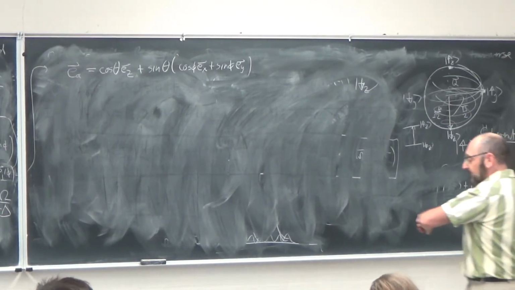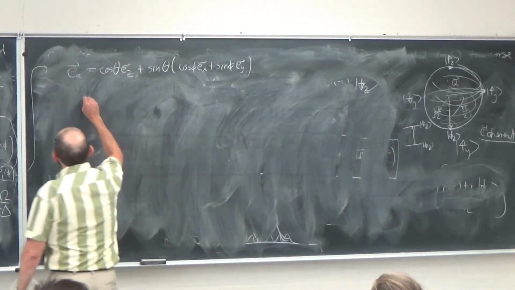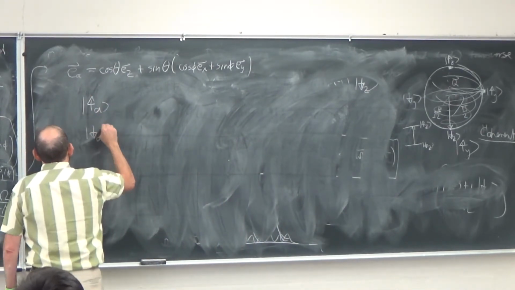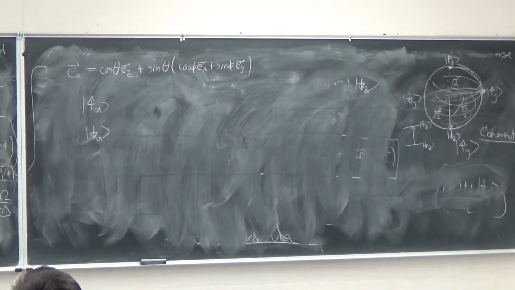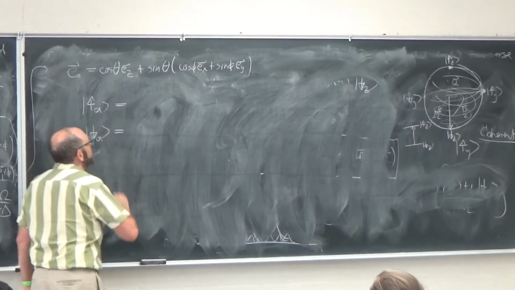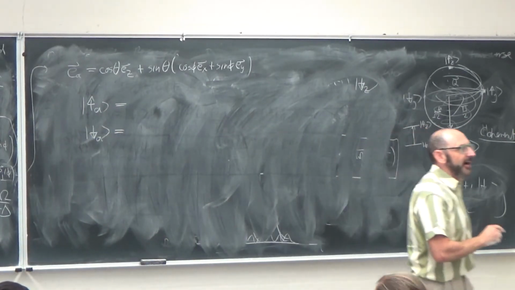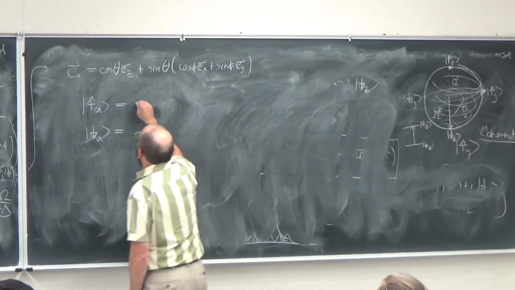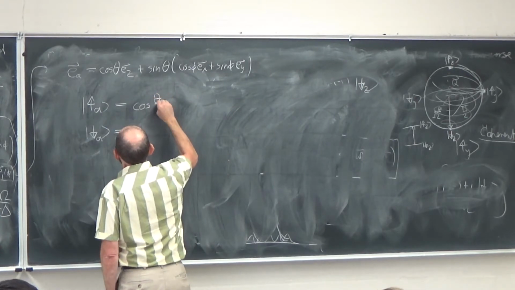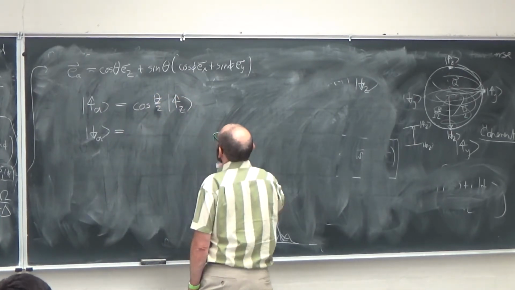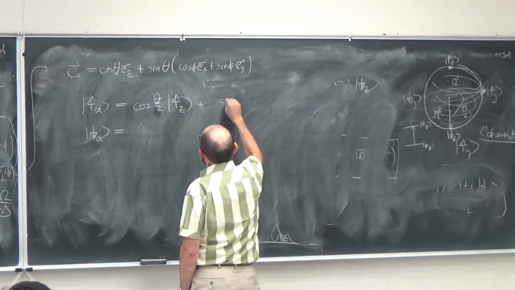So now I ask you again, what are the eigenvectors of my Hamiltonian here, represented in terms of theta and phi? Cosine theta over 2 times alpha. Awesome.